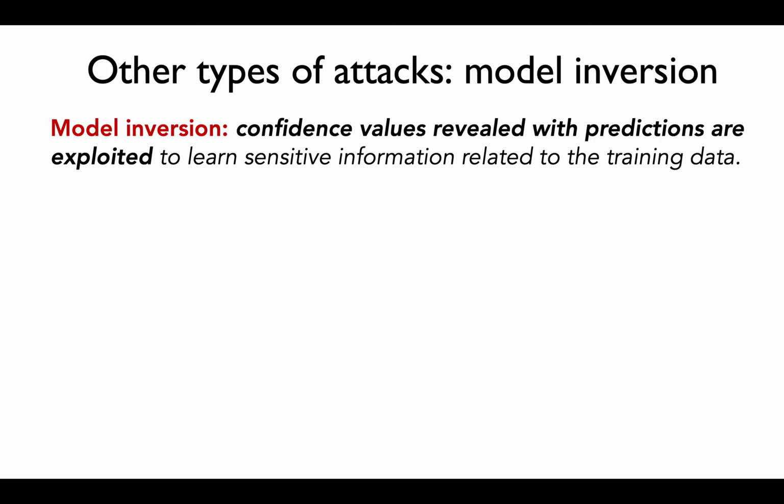Another issue is known as model inversion, in which you have certain confidence values which you get when you query the system. And using this information, we are interested, as an adversary, to learn sensitive information relating to the training data, which is not supposed to be shared with the end user.